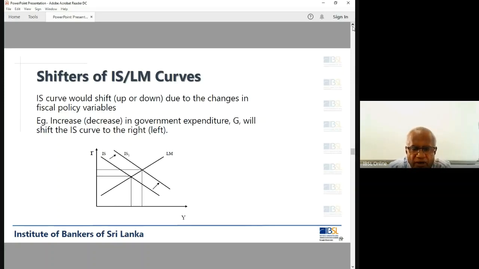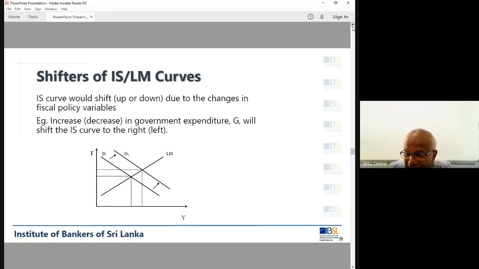A decrease in government expenditure, G, will shift the IS curve to the left. Now here, an increase in government expenditure shifts the IS curve to the right. You can cut the expenditure, and the IS curve shifts down. For example, if the government hires 20,000 unemployed graduates, government expenditure increases, therefore the IS curve shifts up.